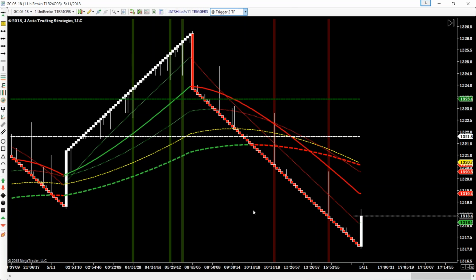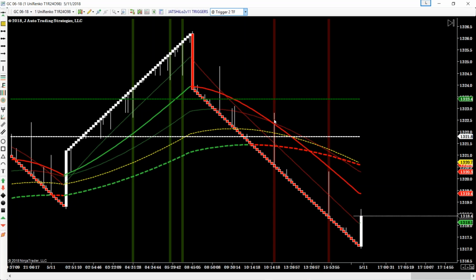The guys in the trade room were asking me, can you require it to hit the higher trigger before coming down and triggering the lower trigger? And the answer is yes, and I have figured out how to do that. I'm very, very happy to let you know that I can do it one of two ways now.